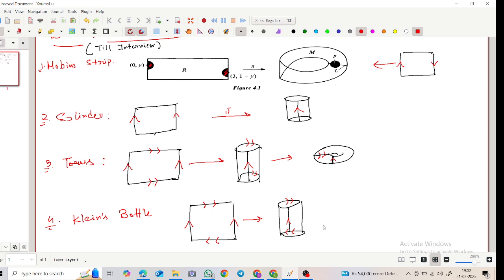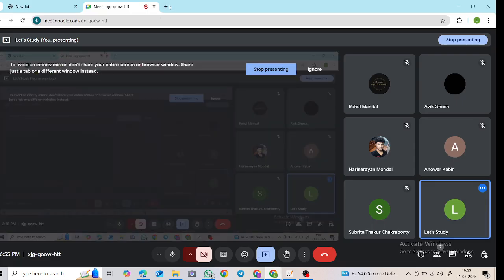Okay, so what does the client's bottle look like? I'm afraid I'm not very good at drawing pictures, so let's find out.